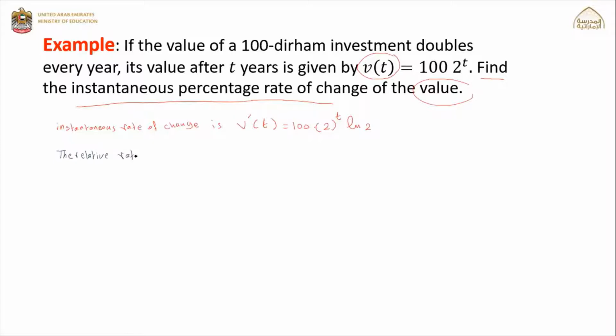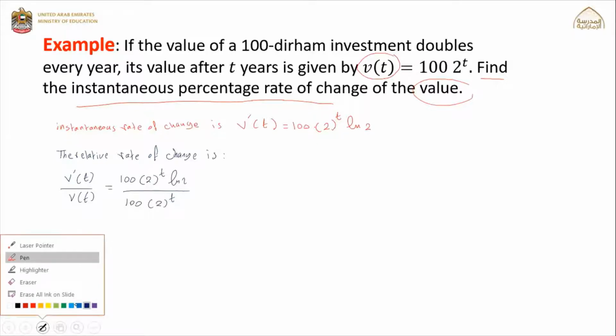The relative rate of change is the quotient between V prime of t and V of t, which is 100 · 2^t · ln 2 over 100 · 2^t.